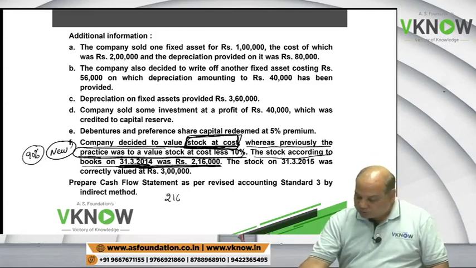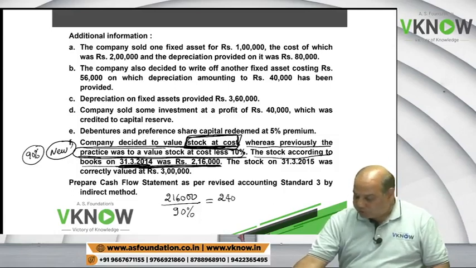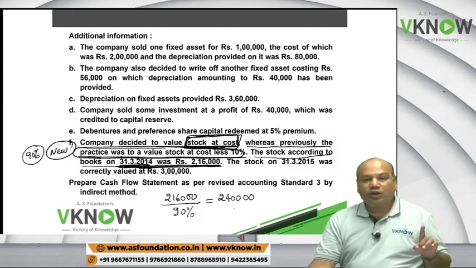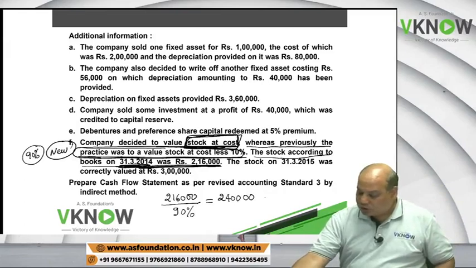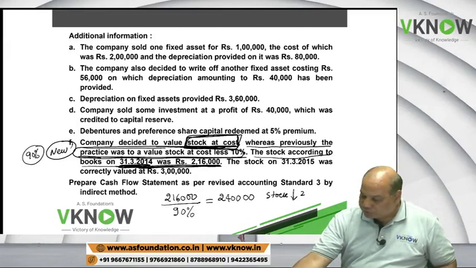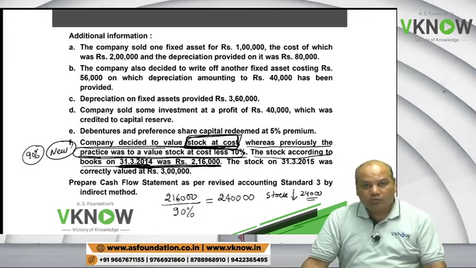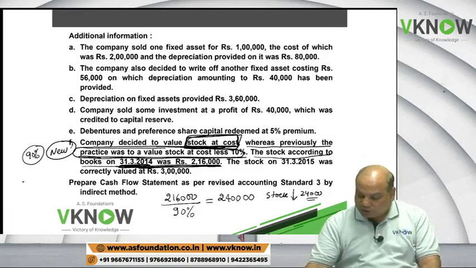So what is the cost of this stock? 2,16,000 by 90%. It means the stock was actually 2,40,000, but they have shown it as 2,16,000, an under-reporting of stock by 24,000. Now we'll have to rectify that. It's a mistake.